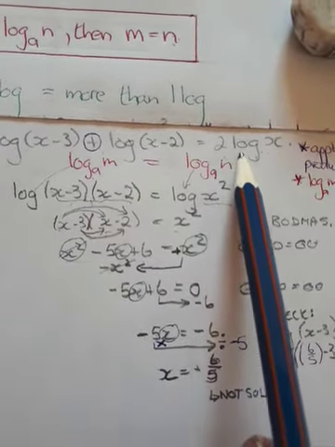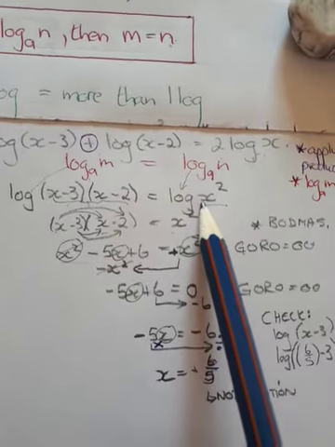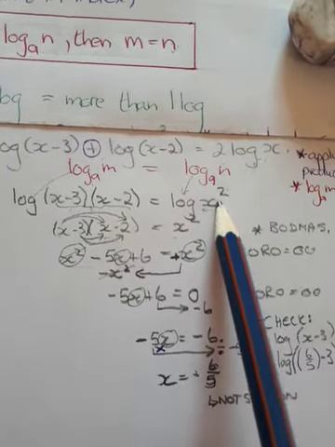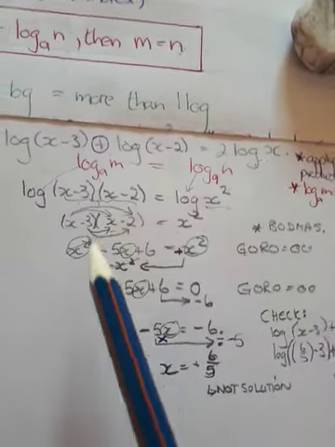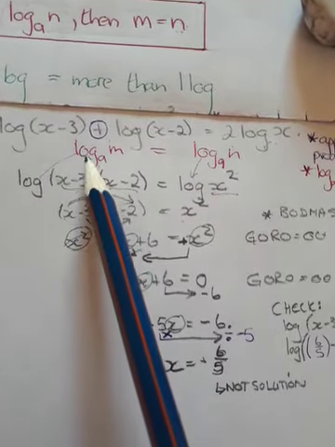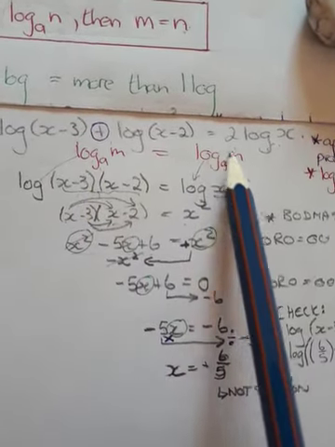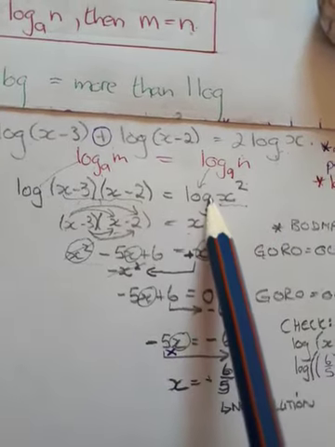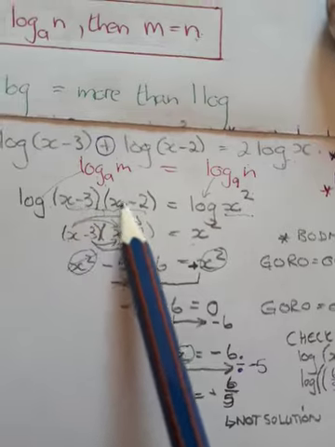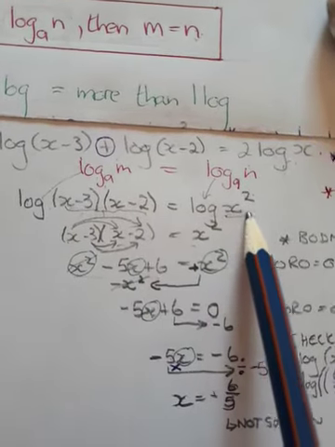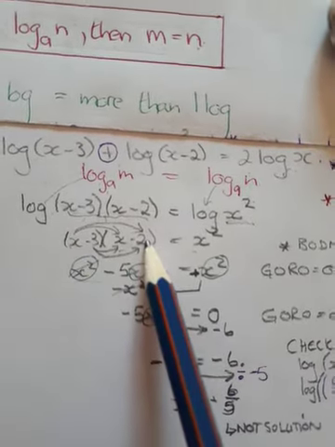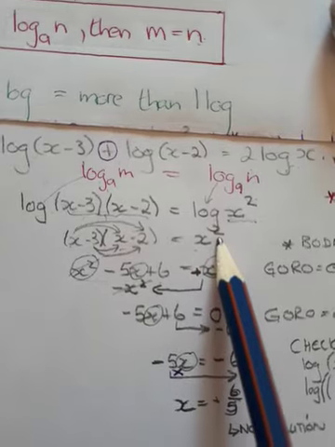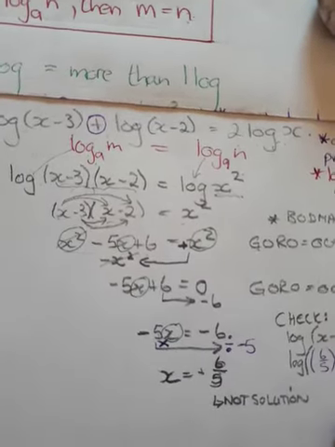Here we've got 2 log x, which means it's the power law, so we're going to apply the power law. Once we've got a single log on the left and a single log on the right, both having the same base, which is 10 in this case, we can make m equal n. So the 2 brackets multiplied equals the right-hand side, which is x squared.